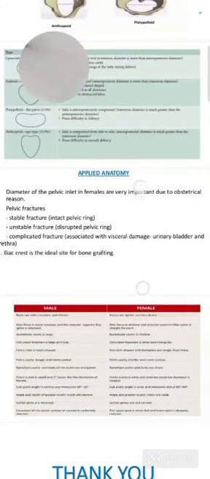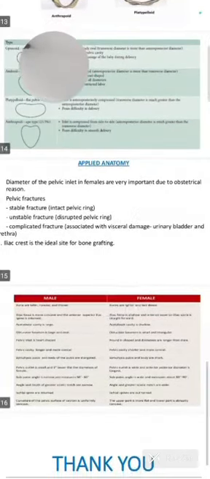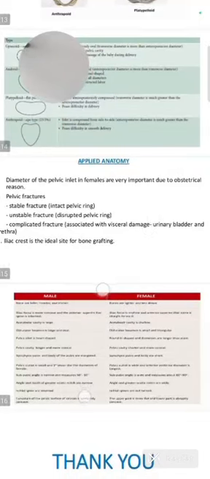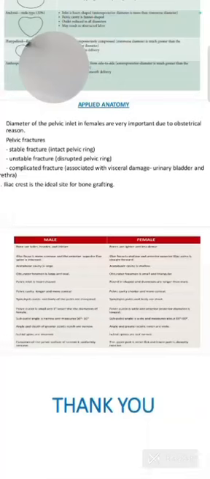So let us have a look at the difference between male and female pelvis. The male pelvis bones are taller, heavier, and thicker, and the female pelvis bones are lighter and less dense.